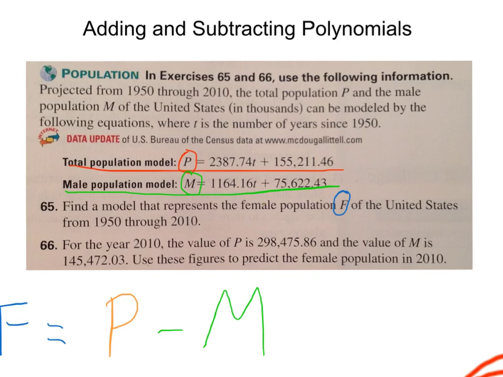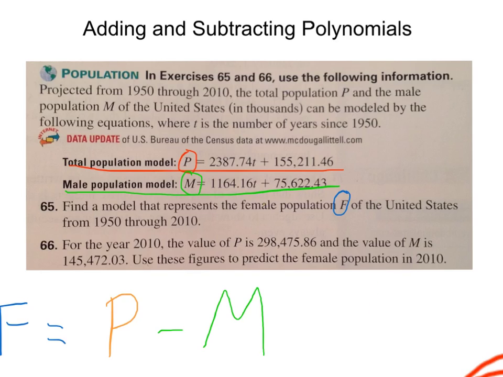And we're going to use these figures to predict the female population in 2010. So all we have to do is put this into our equation for P and this in for T. We're going to use these values to calculate the actual female population for 2010. And then we're also going to predict the female population with our equation that we just made.